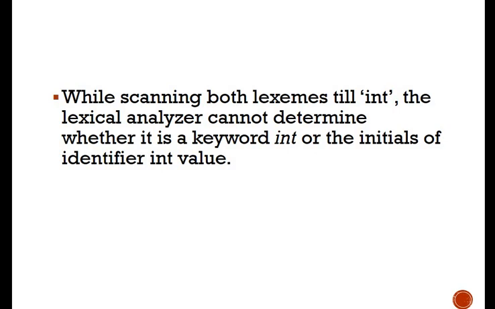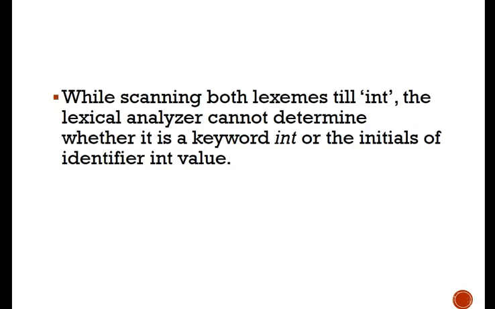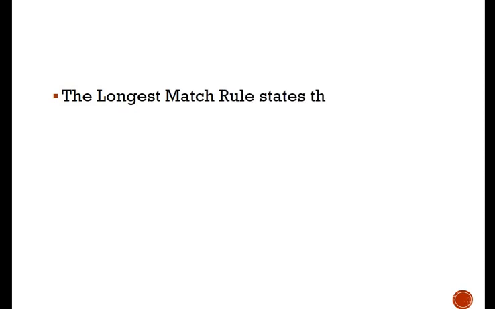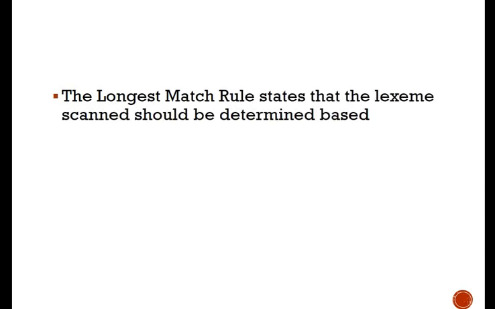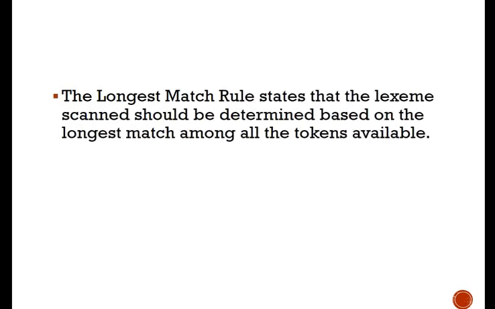When white space is encountered, it finds out that this int has ended. Until the white space comes, it just keeps on thinking whether this int is a keyword, or whether some other word is starting with the letters I N T and it is an identifier. But when white space comes, the longest match rule states that the lexeme scan should be determined based on the longest match rule among all the token values.